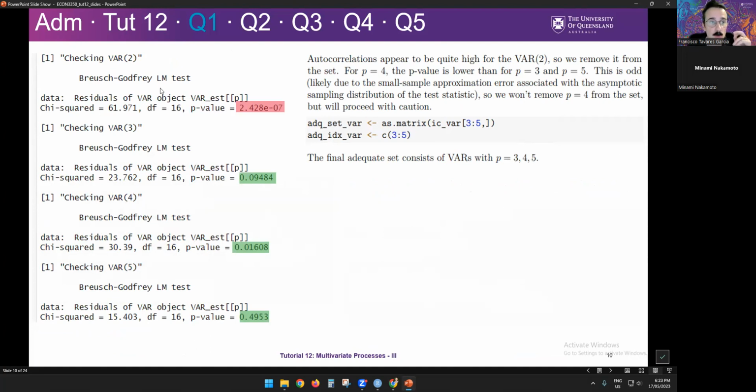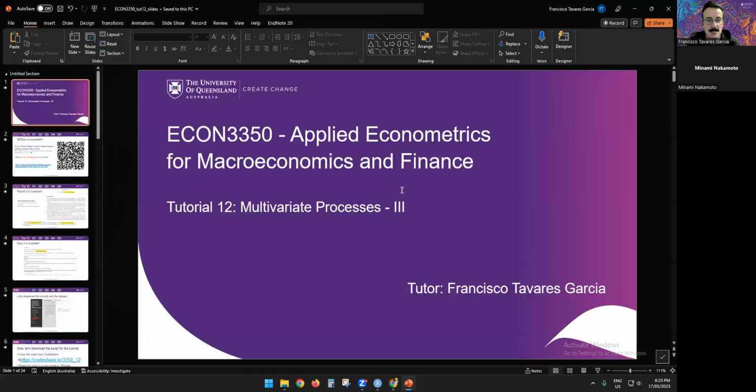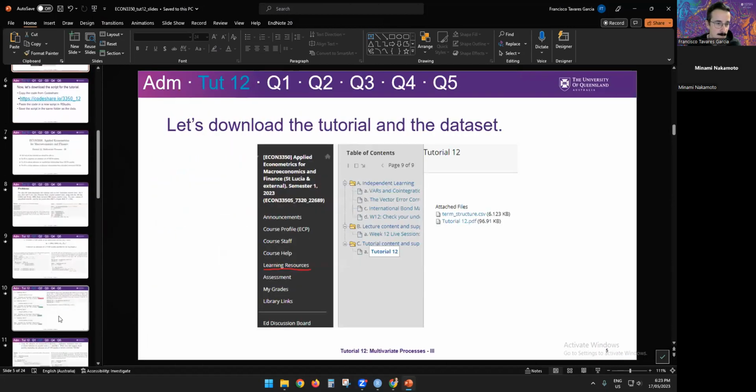For the Breusch-Godfrey, we're making a little bit of exception when it's between 1 and 5. I might change the color for this one for the future, but definitely not this one, which is very small. All right. We're going with 3, 4, and 5 lags. That's it for our question 1.